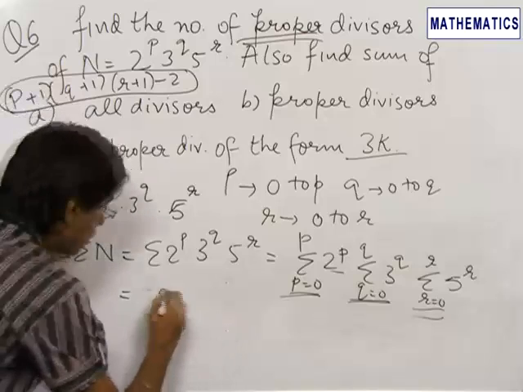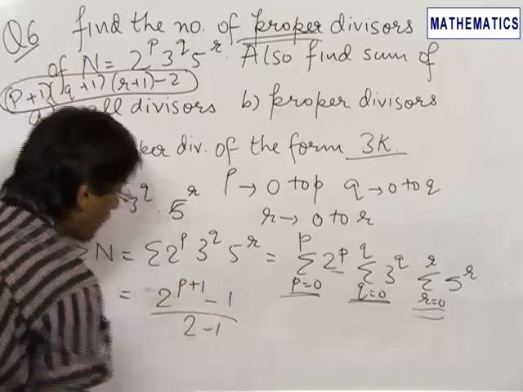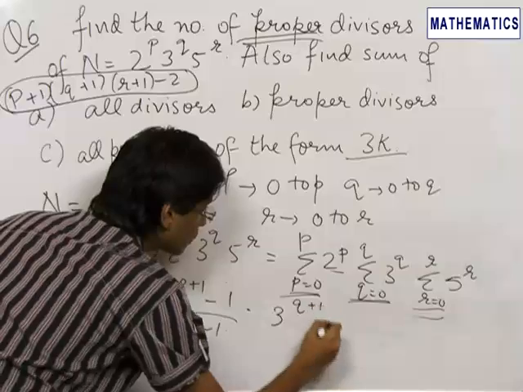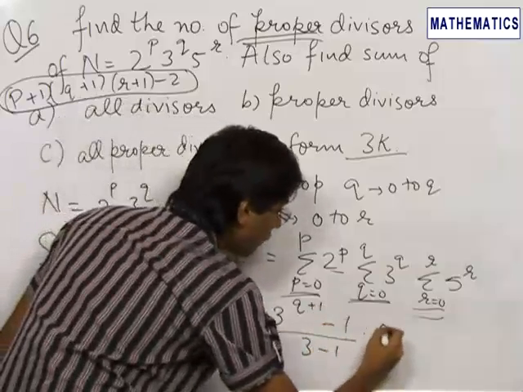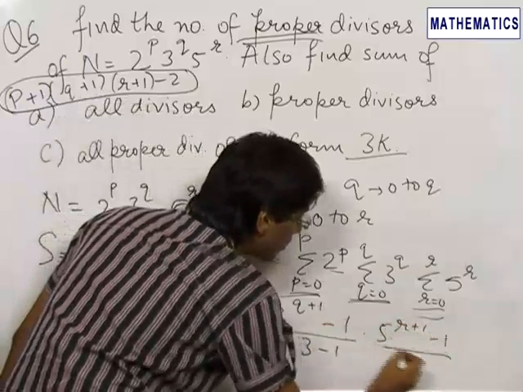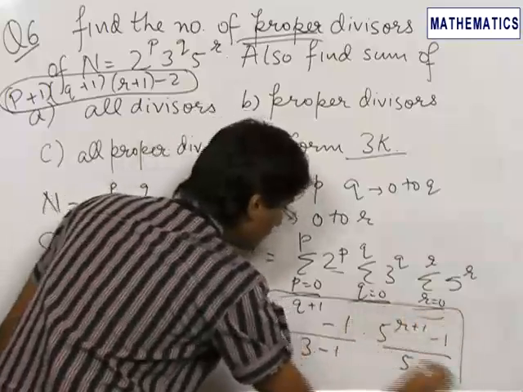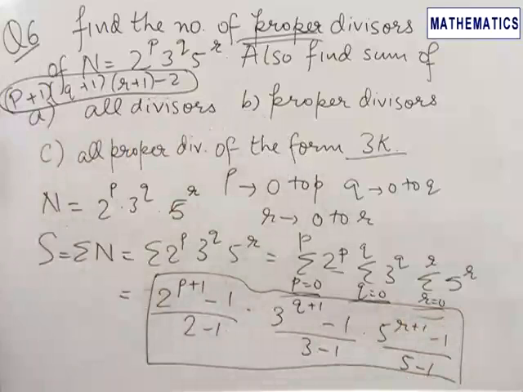Hence the sum is 2 power p plus 1 minus 1 upon 2 minus 1 into 3 power q plus 1 minus 1 upon 3 minus 1 into 5 power r plus 1 minus 1 upon 5 minus 1, and this is our answer for the sum of all divisors.